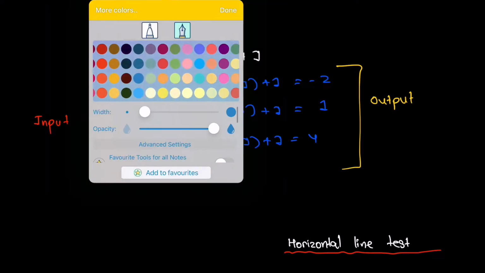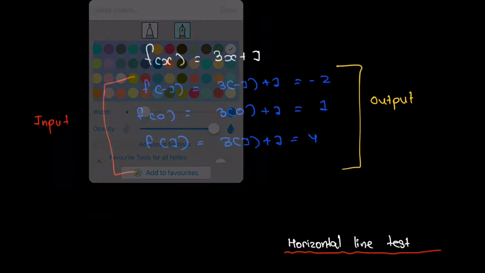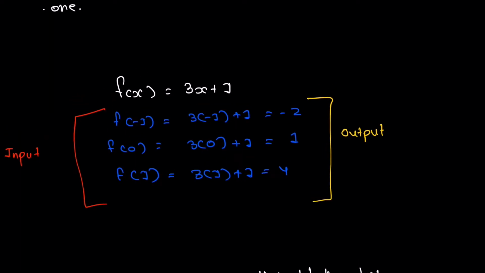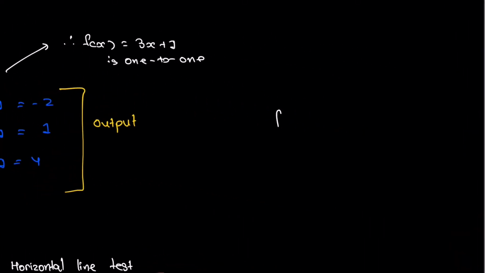So for every input value, we have its own unique output value. When that scenario takes place, we call the function one-to-one. Therefore, f of x equals 3x plus 1 is one-to-one. Okay, now let's look at another example.